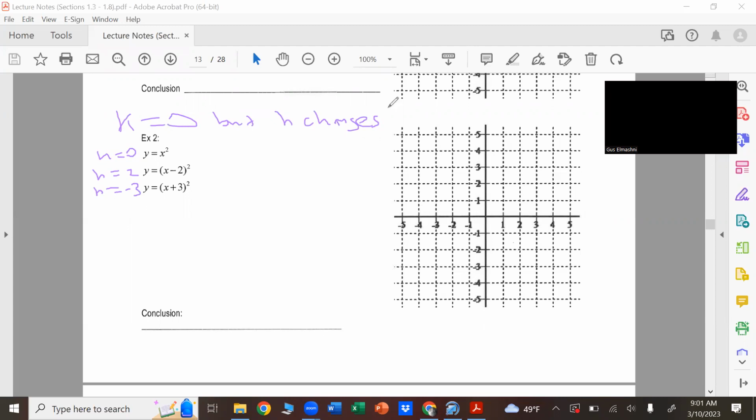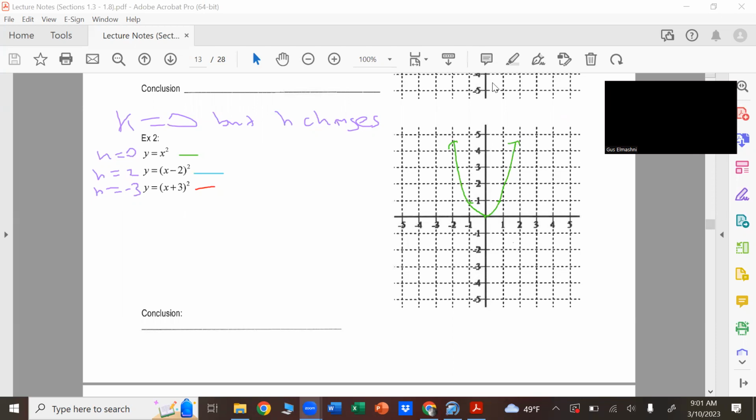So I graph the first one, and again, let me color code. Green, light blue, and we'll do red. So if I graph y equals x squared, that's easy. We know that already, right? There we go. Now, x minus 2, H is 2, so you're going to shift which direction?